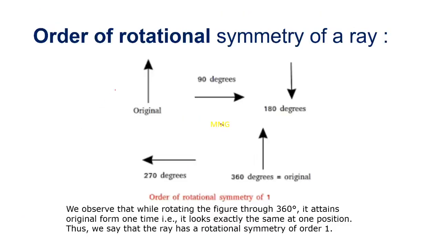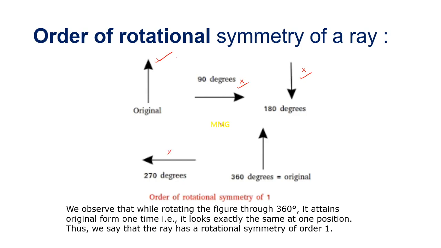Moving to the next. Now, children, here I am going to explain the order of rotational symmetry of a ray. You can see here we have the original ray. When you rotate it from the original position by 90 degrees you get this shape, and it is not the same as your original shape. When you rotate it by 180 degrees you get this shape, and it is not the same as your original shape.